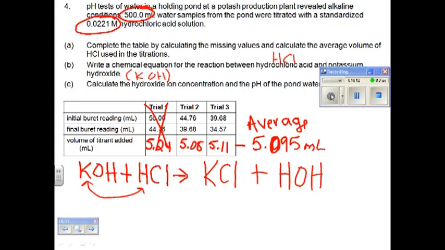So HCl, we knew the concentration was 0.0221 mole per liter, and that value is C. We knew that our volume of our titrant, which was HCl because that's what we added, was 0.0050950 liters.